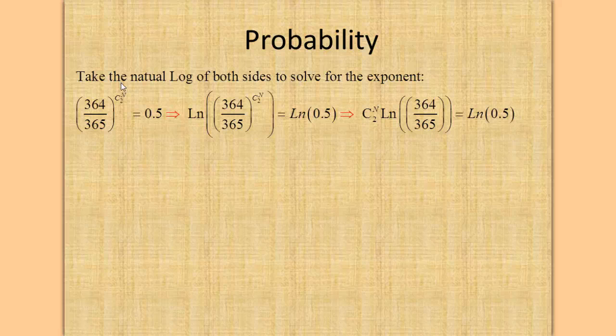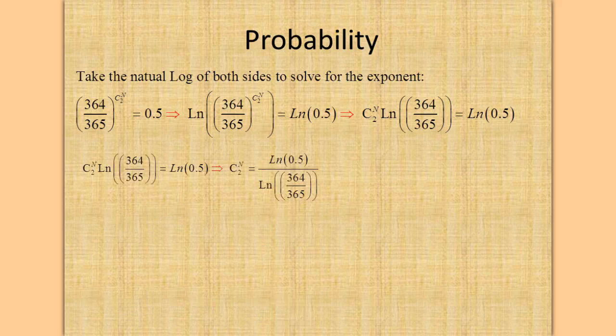We have our equation equal to 0.5, and when we take the log of both sides, then take the power due to the properties of logarithms, we divide through by the log of 364 over 365.